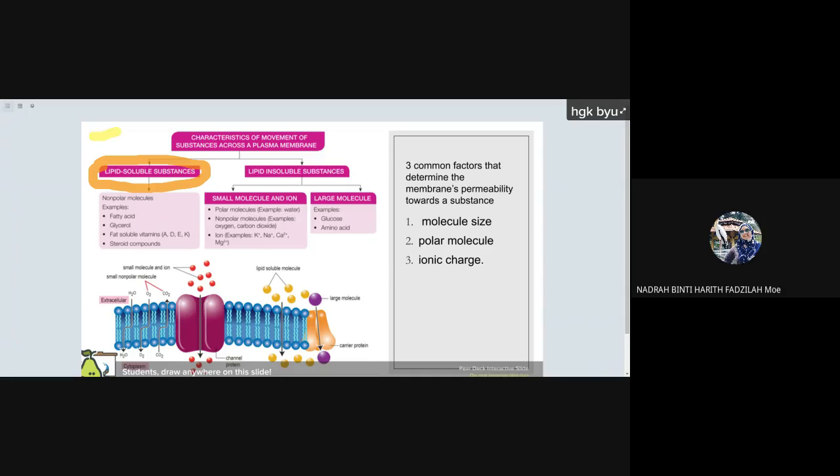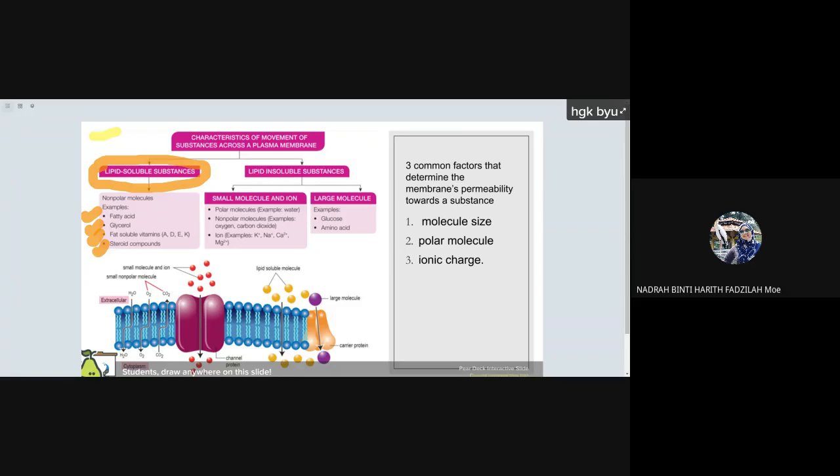Examples of lipid soluble substances are fatty acid, glycerol, fat soluble vitamins, and also steroid compounds seperti kolesterol ataupun hormon yang diperbuat daripada kolesterol seperti estrogen, progesteron dan juga testosteron.